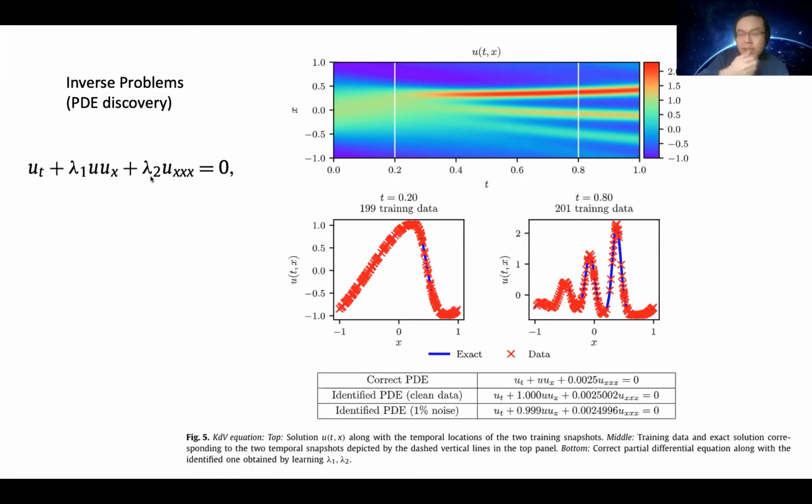But yes, you are right. It can be dependent on x and t, or even dependent on u, and then you can use a neural network to represent that. That's exactly what we did in other papers. We have this kind of example in other papers. Here we just did not show that. Maybe we will not show that today, but you can take the spirit, right? It's understandable. Yeah, makes sense. Thank you.